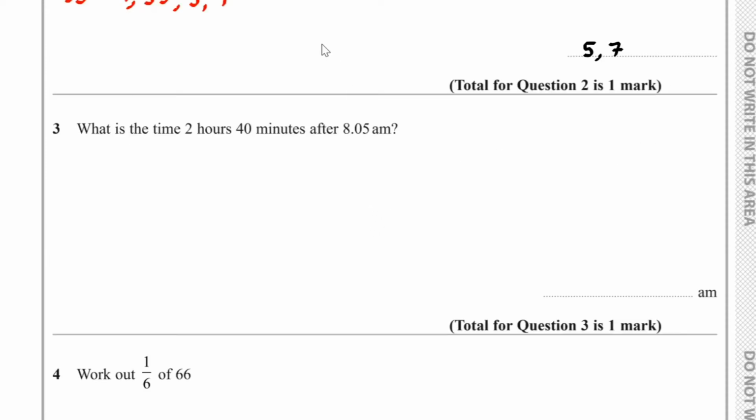Question number 3. What is the time 2 hours 40 minutes after 8:05 AM? Well, we start off with 8:05 AM, and then we add to this 2 hours and 40 minutes.